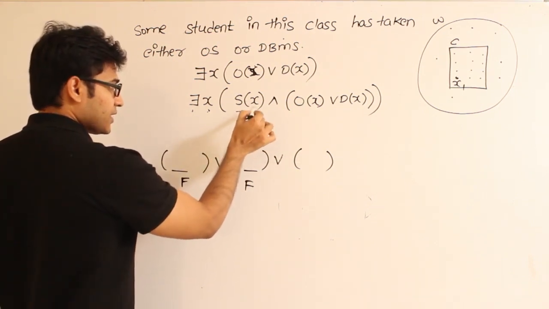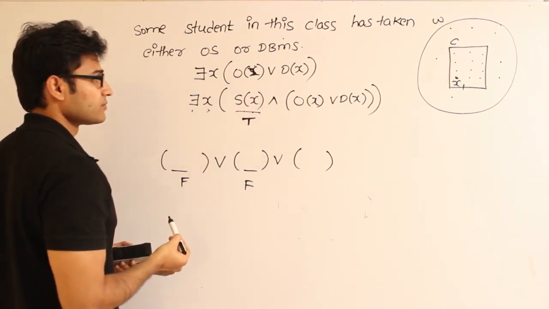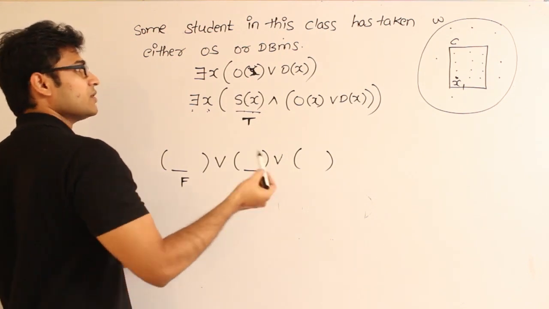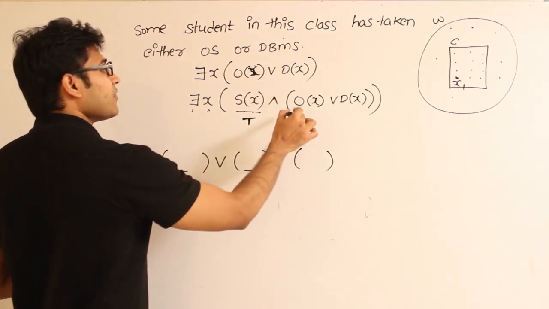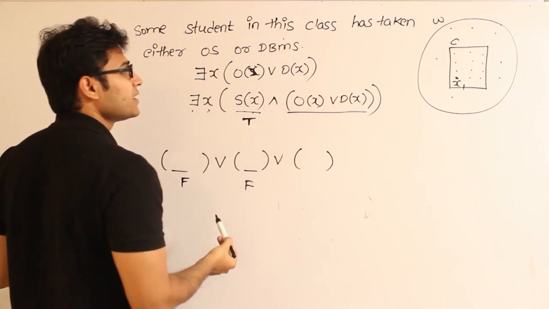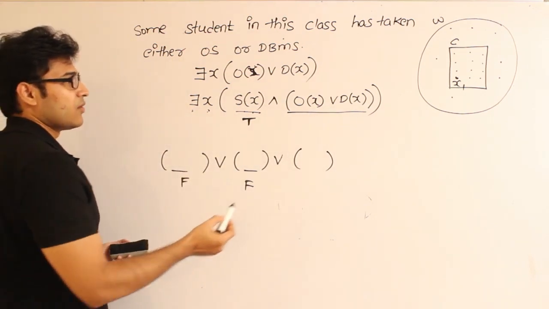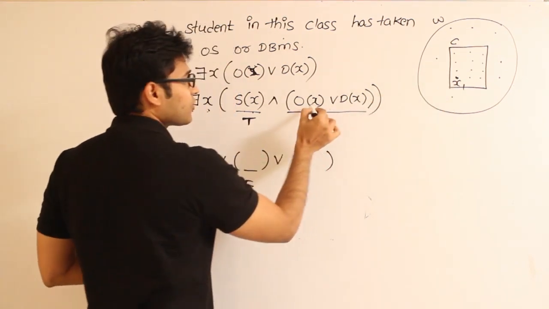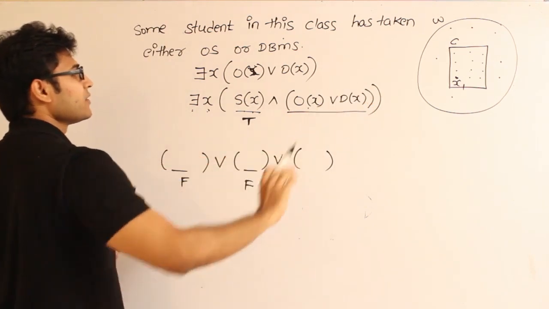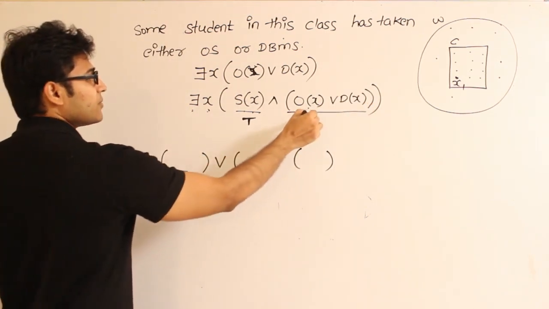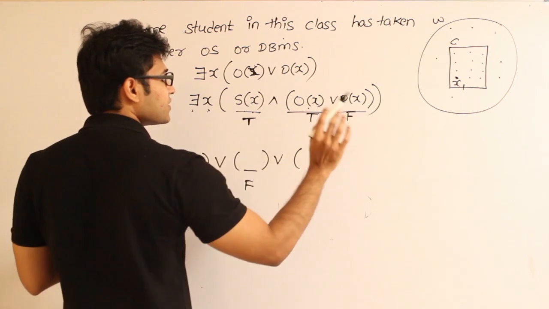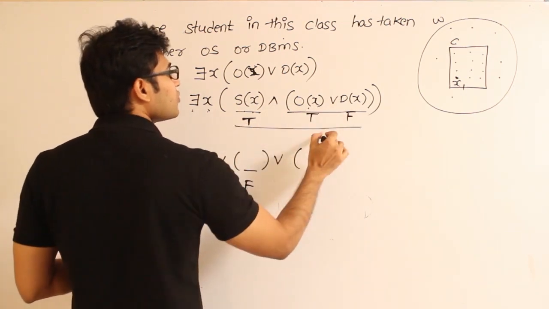Whenever this particular thing has returned true, we are talking about the students inside the class, and only then will we check this. Let us say only one student x1 has taken operating systems and none of them has taken any other course. Still this one will become true, this one will become false, let us assume that, and this entire thing is going to be true.